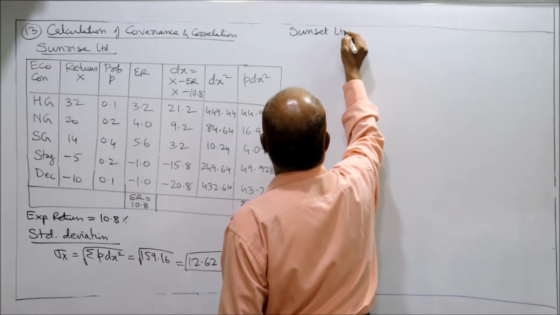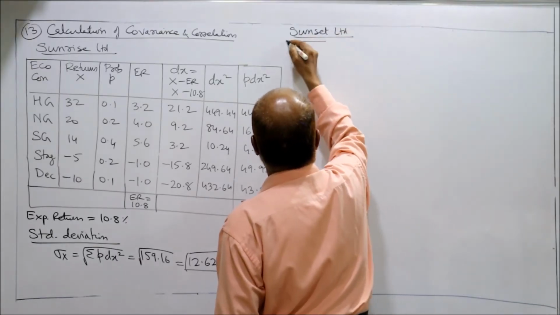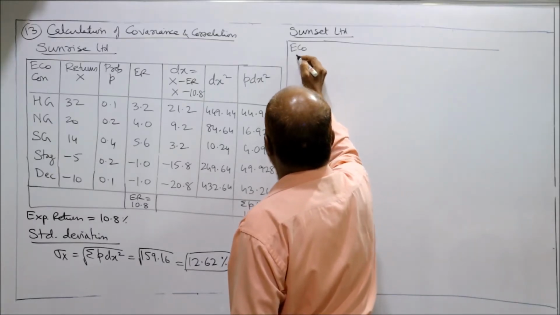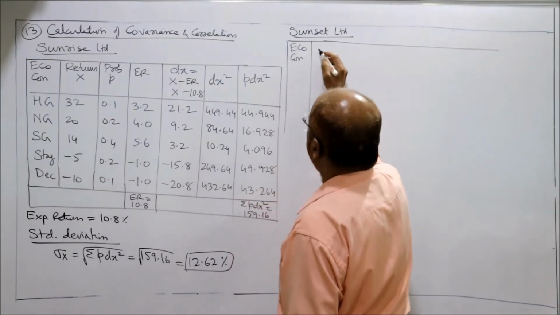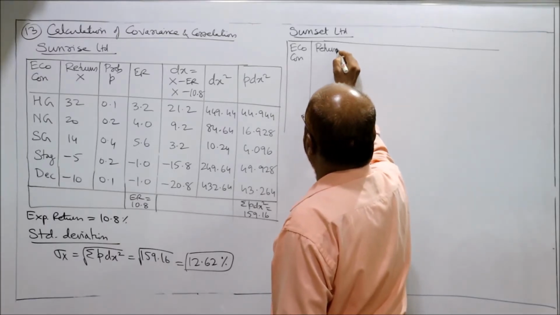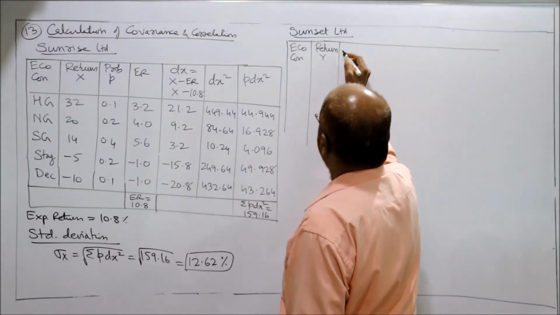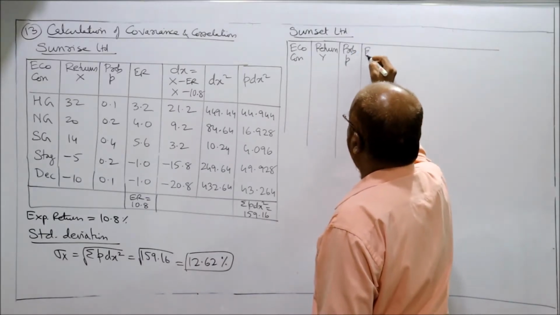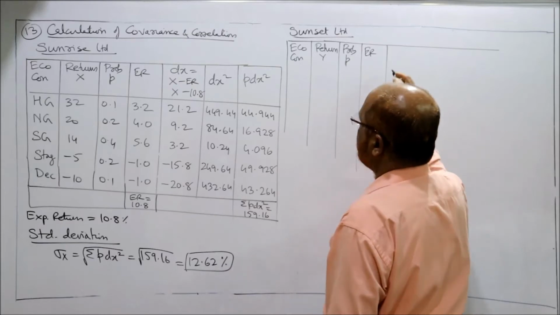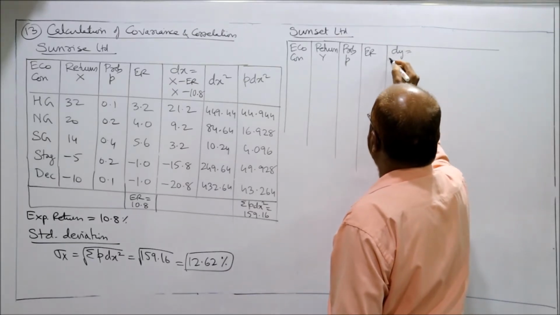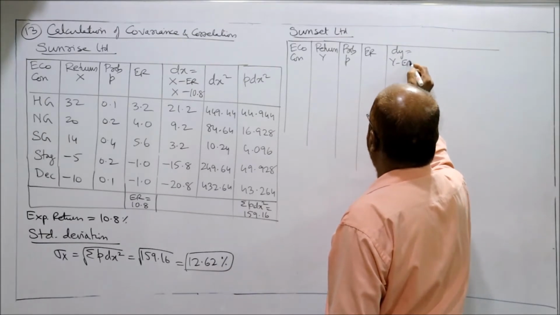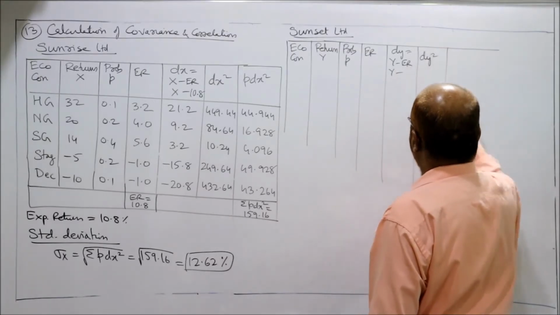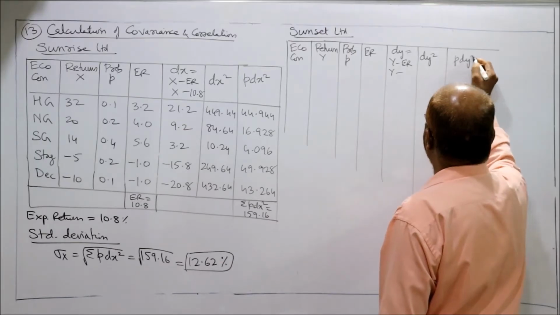Sunset Limited. Economic condition, then when we will take return Y, probability P, expected return, then dy is equal to Y minus ER, dy square, P dy square.